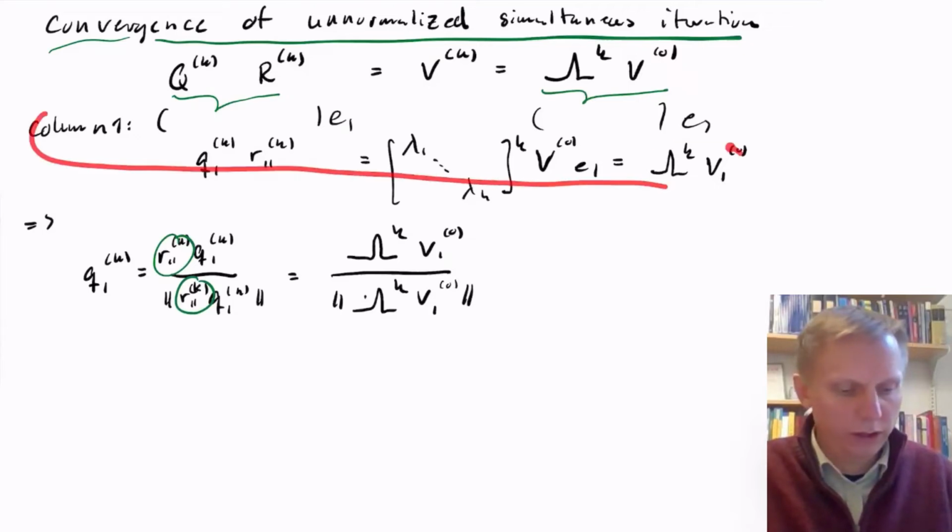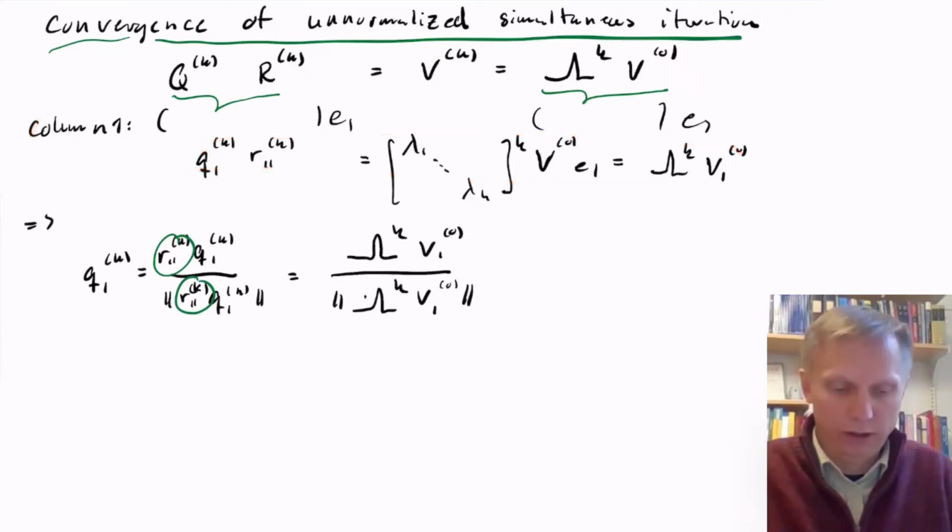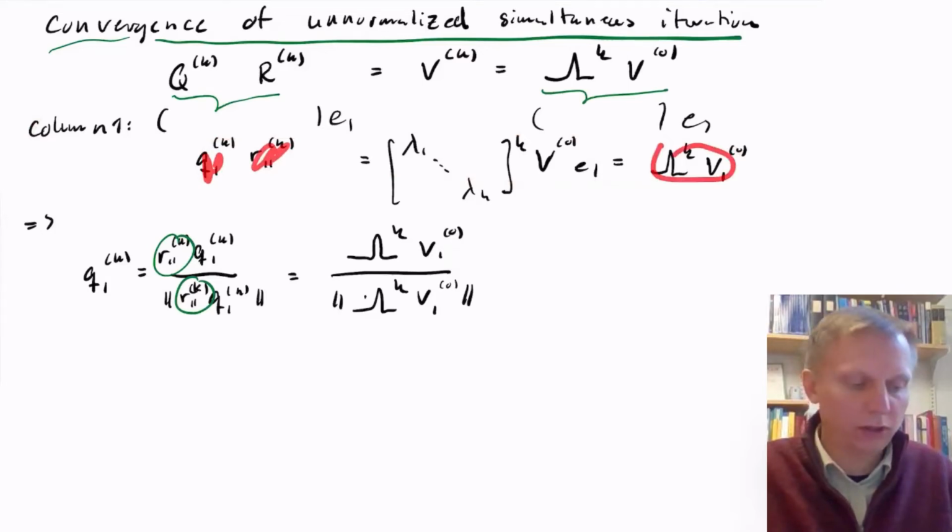Column 1 reduces to the first column of Q times some scalar being equal to lambda to the power of K times the first column of this V matrix.